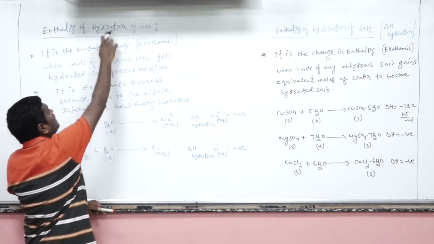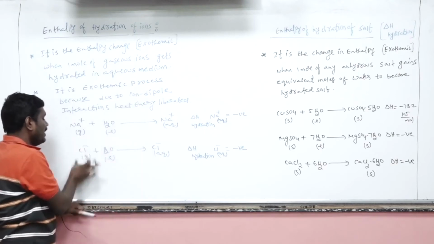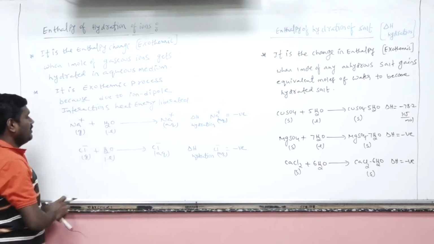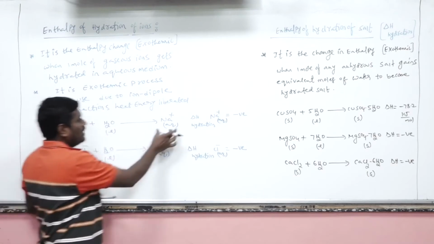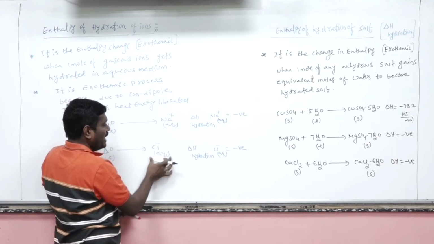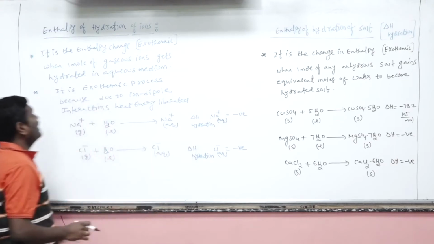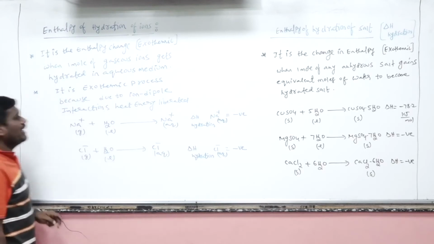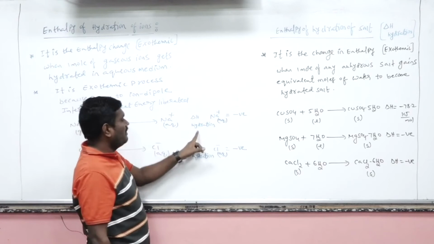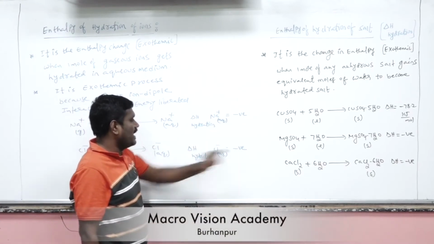In this situation, the solvent is water, that is, the aqueous medium. When 1 mole of any particular ion, whether cation or anion, gets hydrated in water, a hydrated cation or anion is formed. In this reaction, the enthalpy change is referred to as the enthalpy of hydration of the particular ion, the enthalpy of hydration of the aqueous cation or of the aqueous anion.